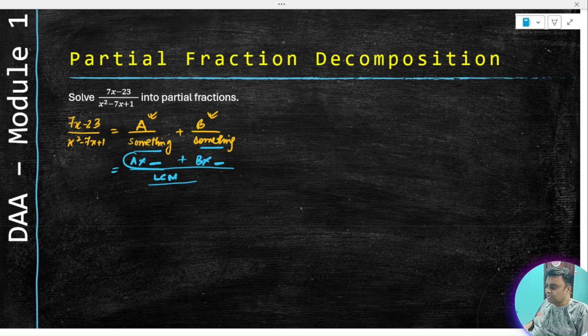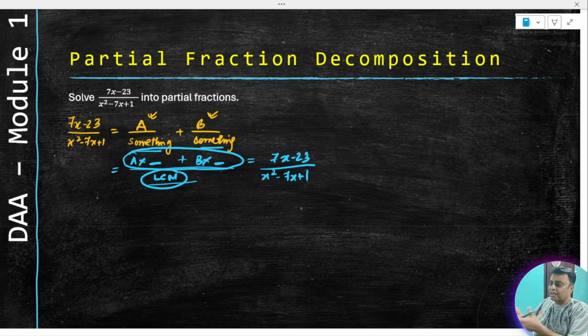So this together will then represent 7x minus 23, and this LCM will represent x square minus 7x plus 1. So that is what will happen in the reverse sense, right? The way we will do it is that the things at the bottom will be simplified using an LCM, and then a can be multiplied and b can be multiplied to make them equal, and therefore what you will have at the numerator will be exactly the numerator of your LHS.